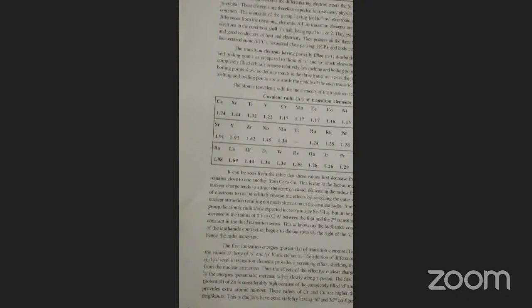Just like nickel is having 1.15 angstroms and copper is having 1.17 angstroms. Just like ytterbium is having 1.91 angstroms covalent radii and cadmium is having 1.4. Okay, look at this.